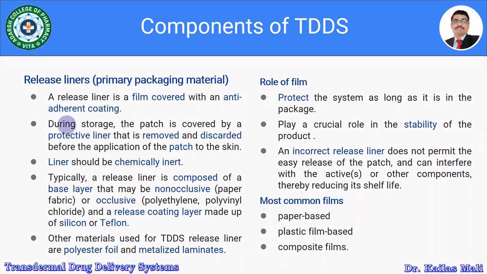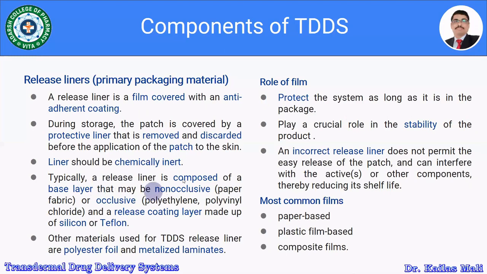During storage, the patch is covered by a protective liner that is removed and discarded before the application of the patch to the skin, that is known as the release liner. Whatever release liner we are using, it should be chemically inert. It should not interact with the other components which are present in the transdermal drug delivery system.